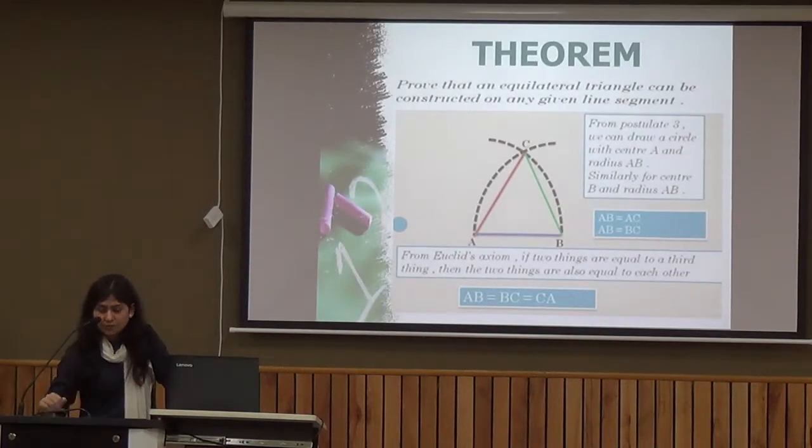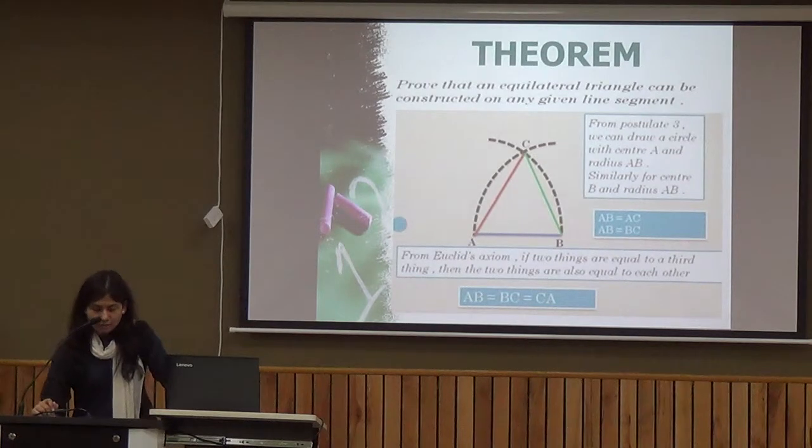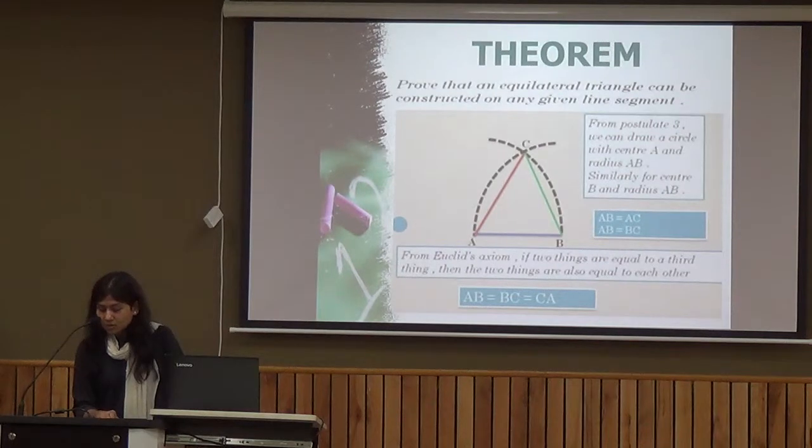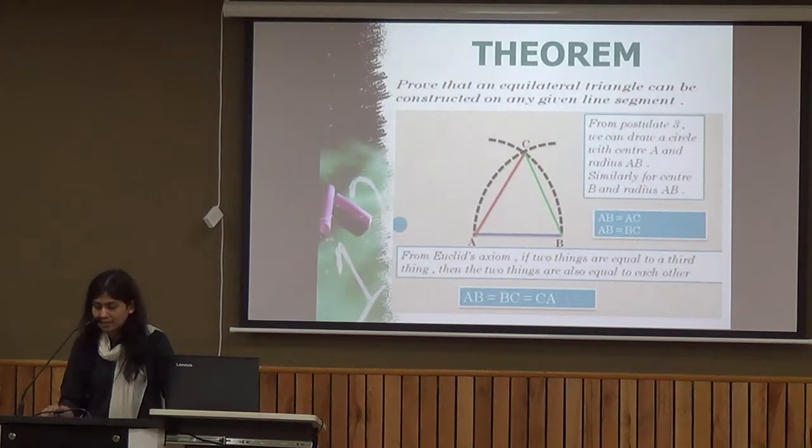Now, moving further, we need to prove that an equilateral triangle can be constructed on any given line segment. Consider a line segment of any measurement, say AB. From postulate 3, we can draw a circle with center A and radius AB. Because you get a circle of radius AB, you get AB is equal to AC.